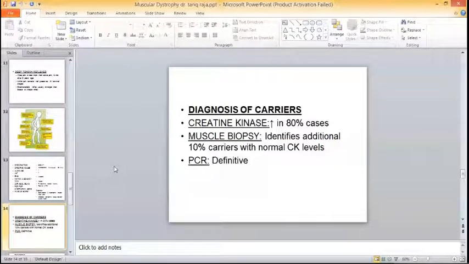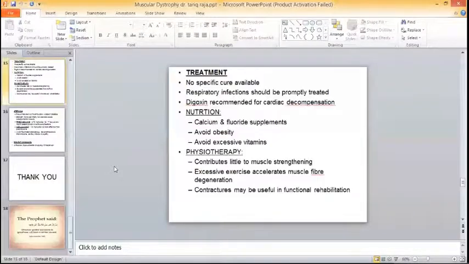So coming to the last portion of the topic, the treatment of Duchenne muscular dystrophy. I hope till now you all are able to understand Duchenne muscular dystrophy. If any queries, you can ask at the end. In treatment, there is no specific cure available.